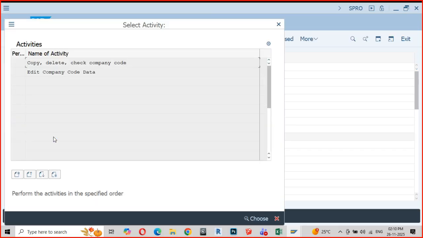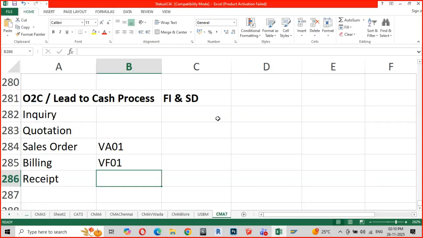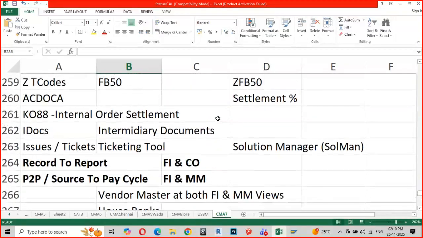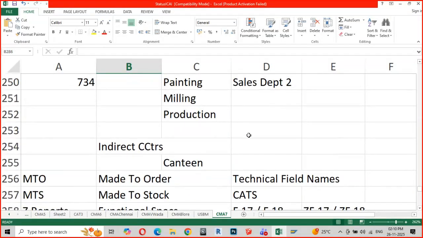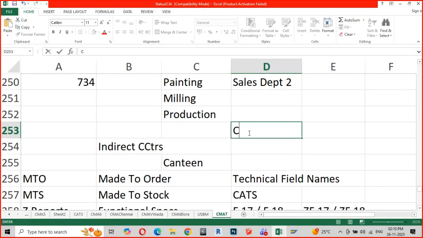See, any entity, be it the company code, the chart of accounts, the chart of depreciation, or the asset class, whatever, even a document, can be created in two different methodologies. You can use the copy method.